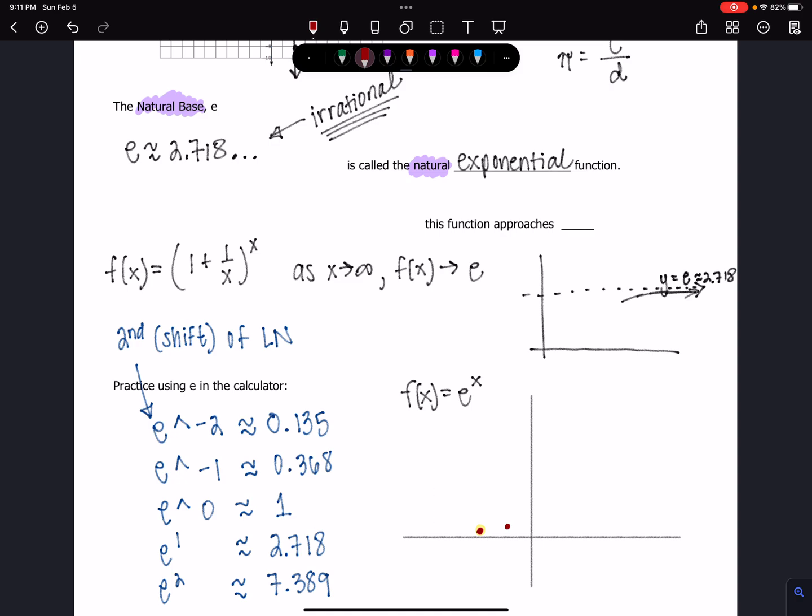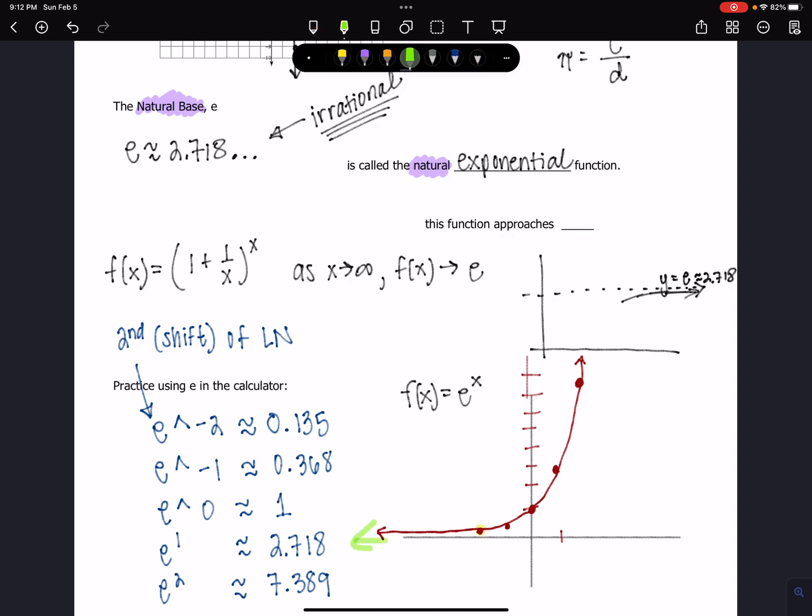If I put a 0 in, I get 1. If I put a 1 in, I get between 2 and 3, 2.718-ish. When I put a 2 in, I know that I'm going to get out between 7 and 8. I don't really remember e squared, but I remember it's between 7 and 8.